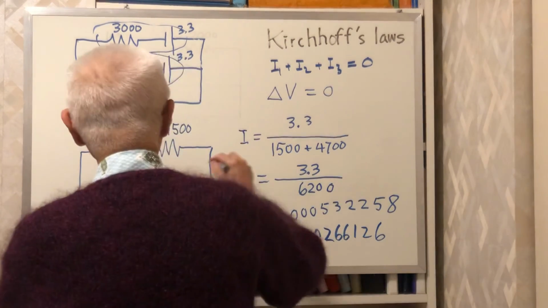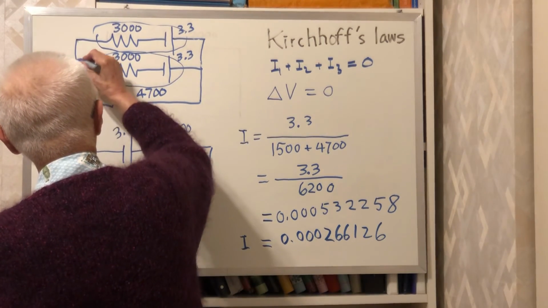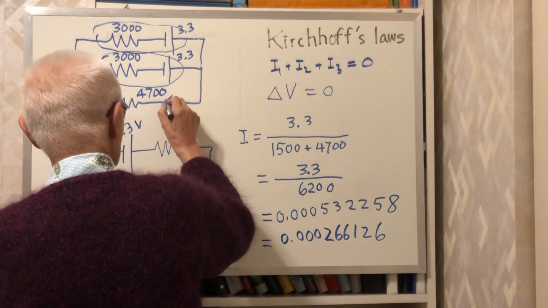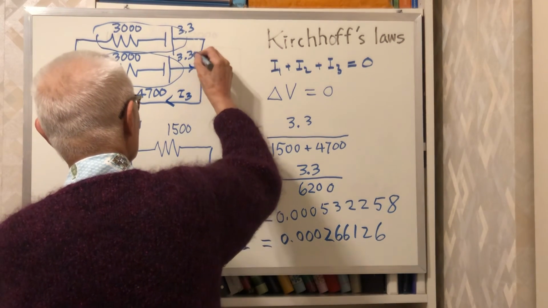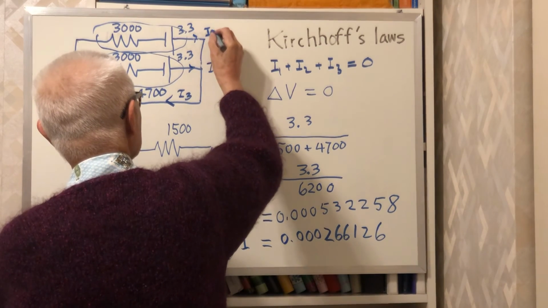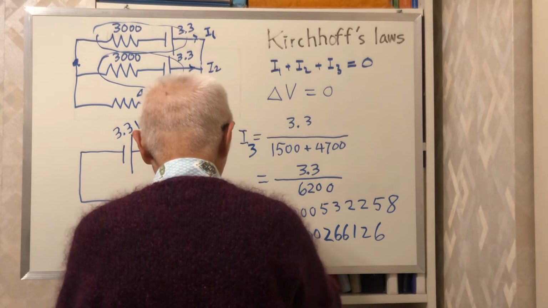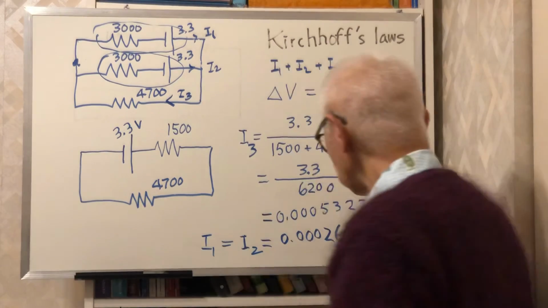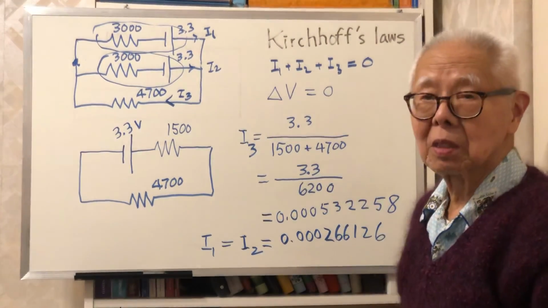So if I call this, I think it should be this, I3, and this should be I2, and this is I1. So I3 is this, and I1 and I2 are just half of this, all right.